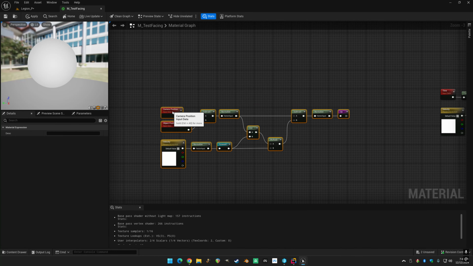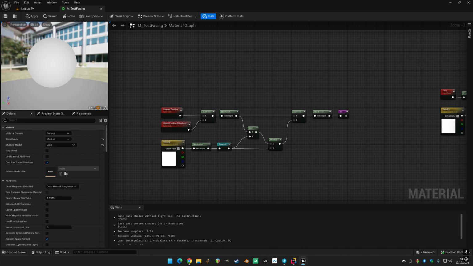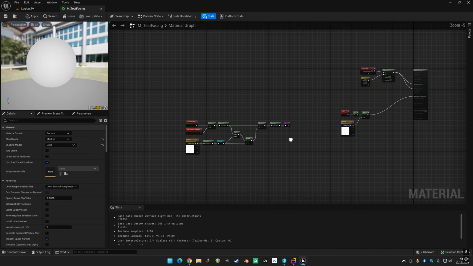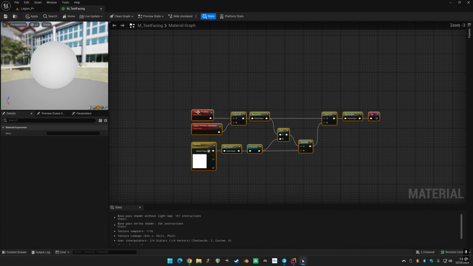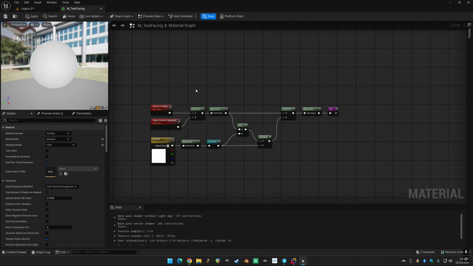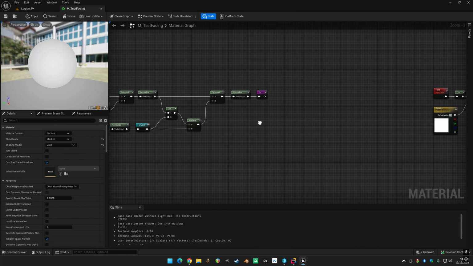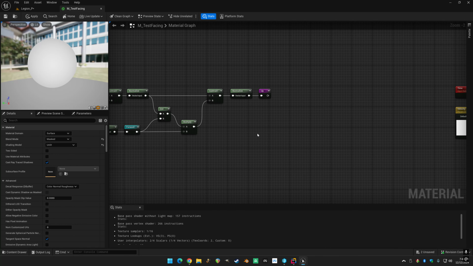Okay, now that we have that, we're going to need our y vector, which we're going to get from a cross product.